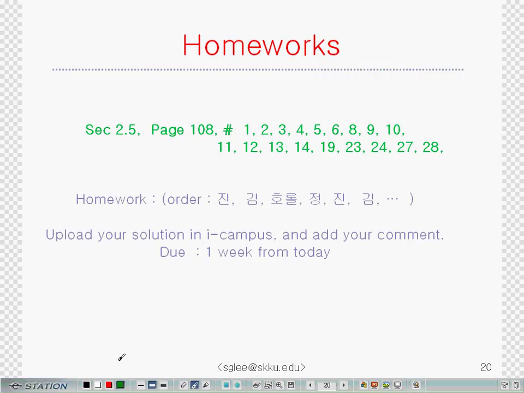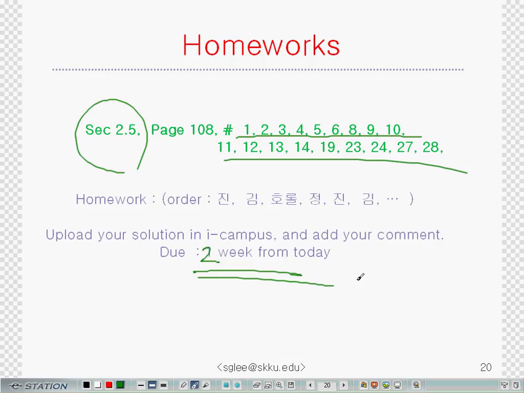So in section 2.5 here, there are some problems. I think there are too many problems for one day. I may extend this one for 2 weeks. Here: 1, 2, 3, 4, 5, 6, 8, 9, 10, 11, 12, 13, 14, 19, 23, 24, 27, 28. These are the facts that you should know.